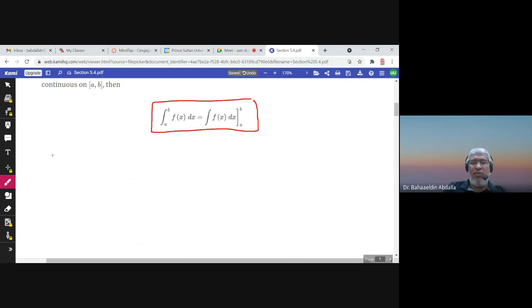If you remember, part 2 of the fundamental theorem of calculus says that the definite integral from a to b f of x dx would be equal to capital F of b minus capital F of a, where capital F prime equals f. This is fundamental theorem part 2 of calculus.